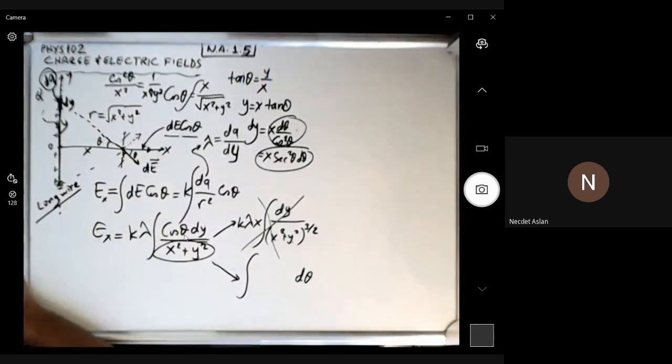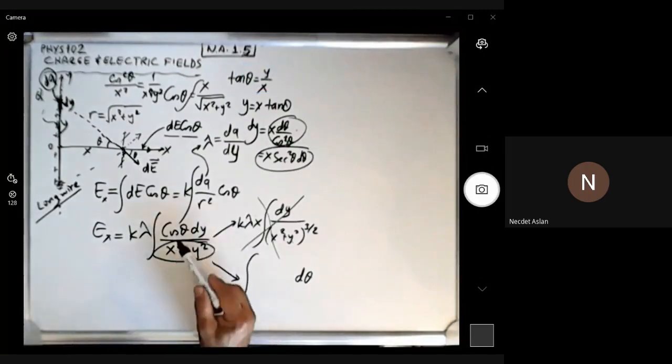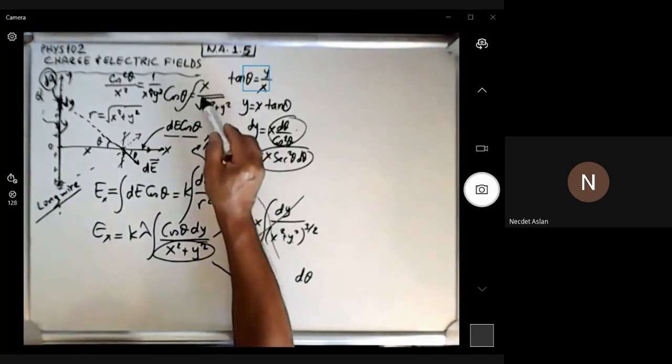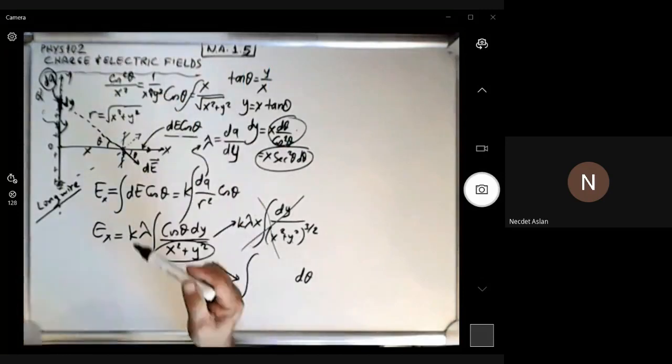So 1 over x squared plus y squared will be just equal to cosine square theta over x squared.